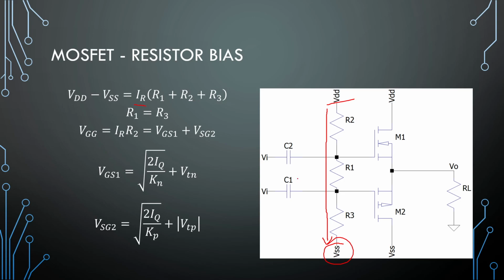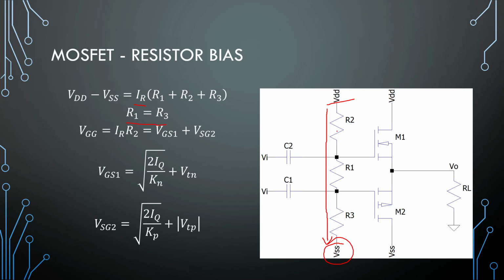So the current flowing through these is a current of your choice. Typically as small as possible, so the resistors are as large as possible, so that we have a large input impedance like that.